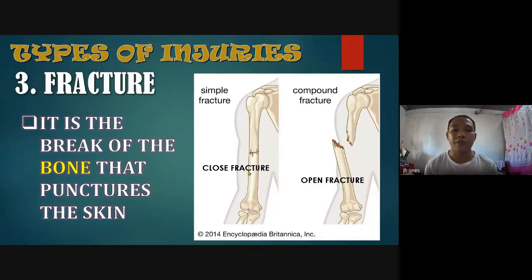There are two types of fracture. First is the simple fracture or the closed fracture. Second is the compound fracture or the open fracture, where the bone comes out through the skin. In a simple fracture, there is no wound on the skin, but the bone is broken. In an open or compound fracture, the bone is broken, there is a wound, and the bone is exposed. So fracture happens in the bones.